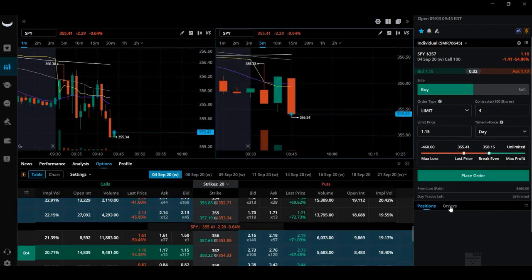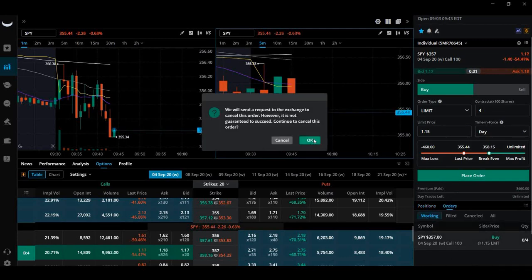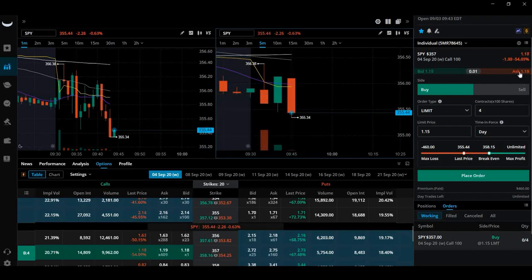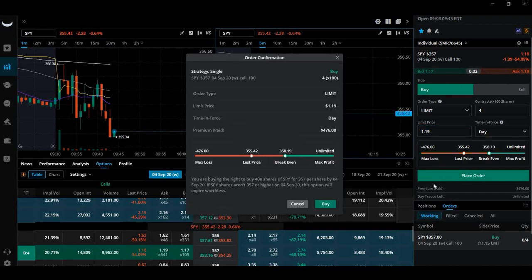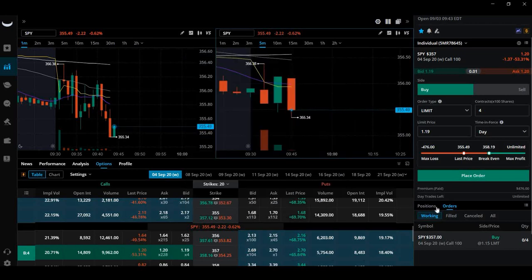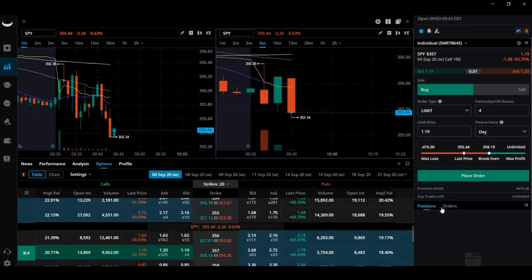I tried getting $1.16, but it pulls. $1.19. I just want to get in this thing, so I missed $1.16.